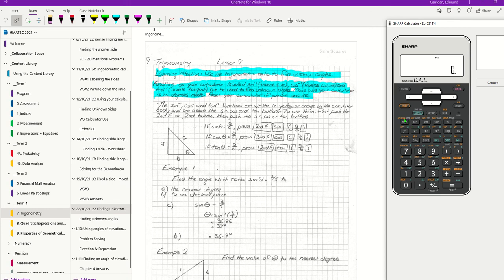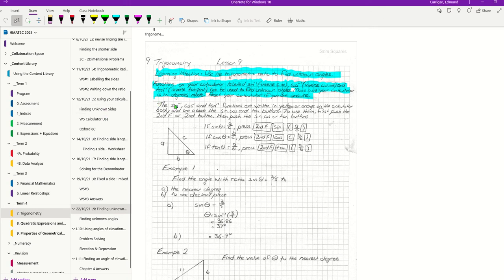So if we're looking at our calculator here, you can see we've got sine, cos and tan. You can see that sine minus 1 is in brown or orange above it. Cos minus 1 is here, tan minus 1 is here. To get to those, you push the second function button first, and then you push this button. That gives you the function which is in brown or orange.